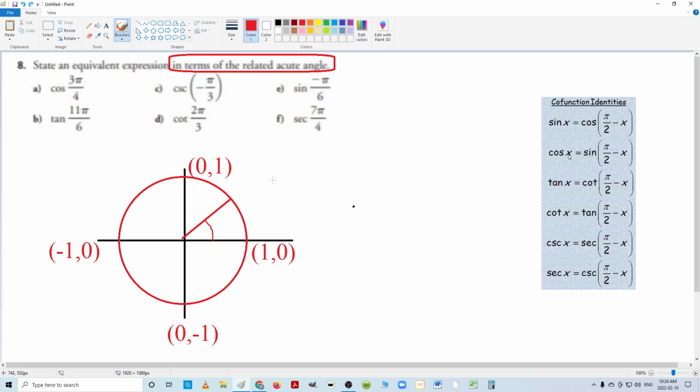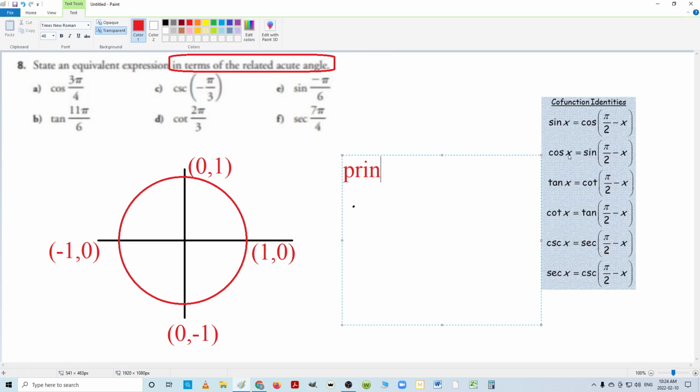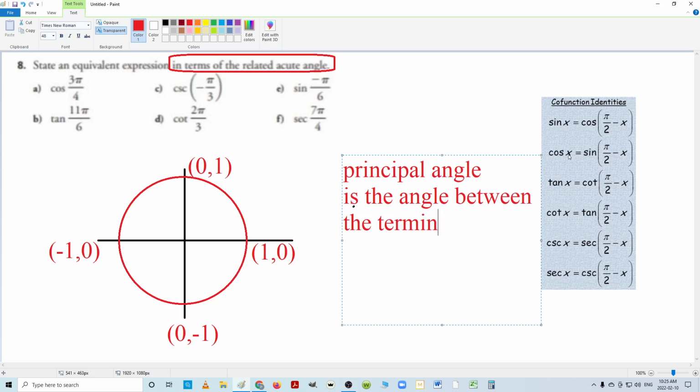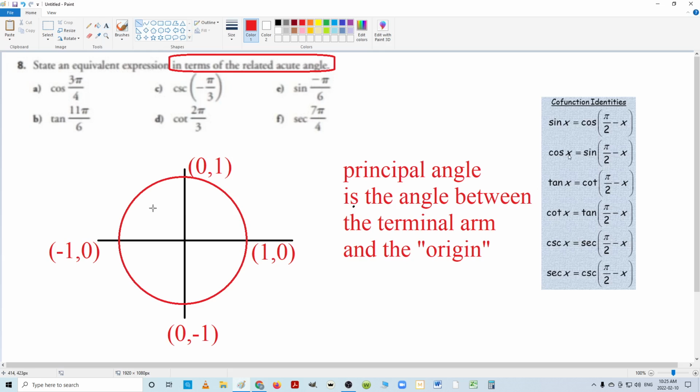So the principal angle, right away you should note down, is the angle between the terminal arm and the origin, the start of it. Even though the origin 0, 0 is in the middle, the origin in terms of trig is this line right here. This is where we start, 1, 0.